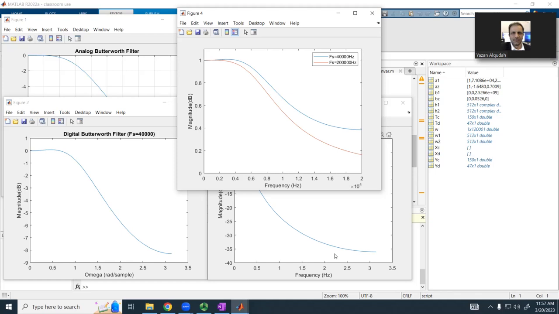Sampling frequency. And why is there a difference between the 40,000 and 200,000? Gain. What else? Aliasing. Yes. Aliasing.